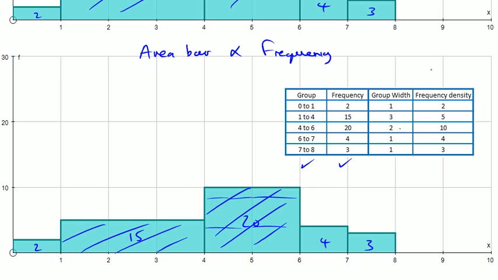And to get the frequency density, you take the frequency and you divide it by the group width. And as you can see, 2 divided by 1 remains 2, but 15 divided by 3 turns that into 5, and 20 divided by 2 makes that into a 10.